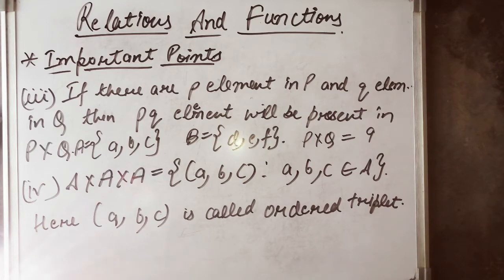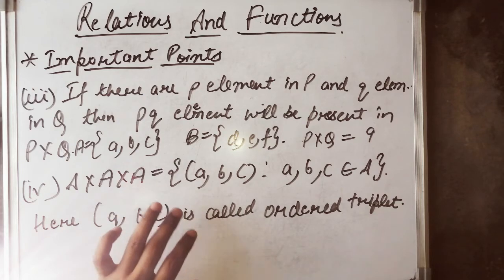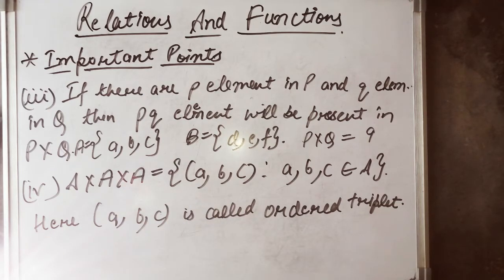This fourth point means that A cross A cross A equals (a, b, c) such that a, b, c belong to A, and (a, b, c) is an ordered triplet.